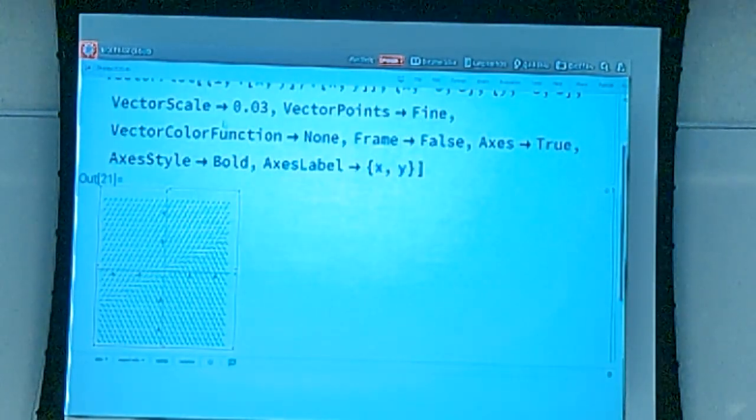Yeah, it did, okay. So now I can just copy and paste it as an image, which is the best way to copy and paste. Otherwise, some funky things might happen. I can just paste it as a picture, change the size to whatever I want. That looks good. There's our direction field.